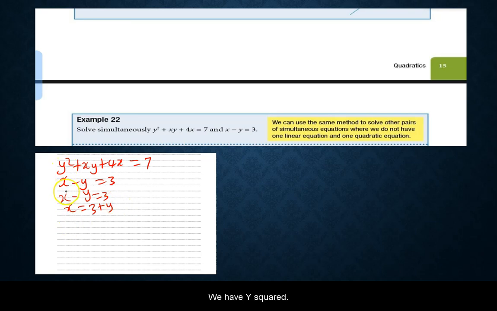We have y squared plus xy, and our x in this case is 3 minus y, so we are going to have y squared plus (3 minus y) multiplied by y, plus 4x, and our x is also 3 minus y, so this is equal to 7, right?